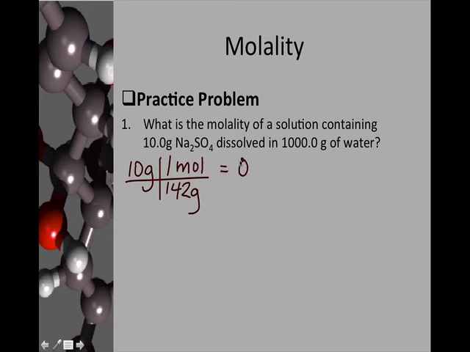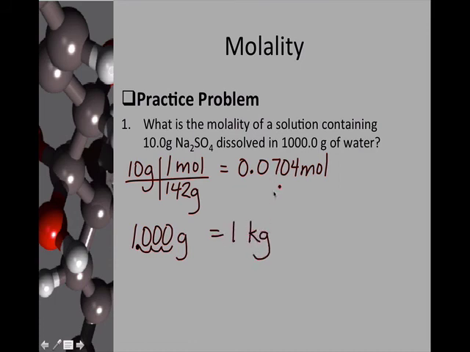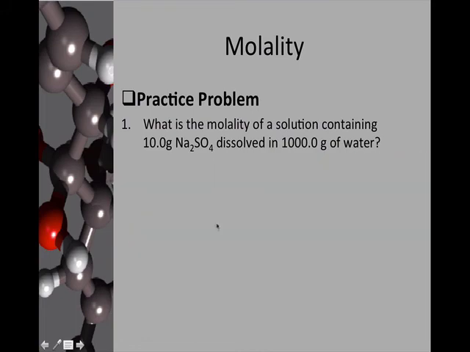And when I do the division, that's how many moles we get, 0.0704 moles of the sodium sulfate. And then it is 1,000 grams of water. If I bump the decimal 3 places back, that is the same as 1 kilogram. So all I have to do is divide by 1, and I get the same answer, with little m for the units. So there's that first practice problem's answer.